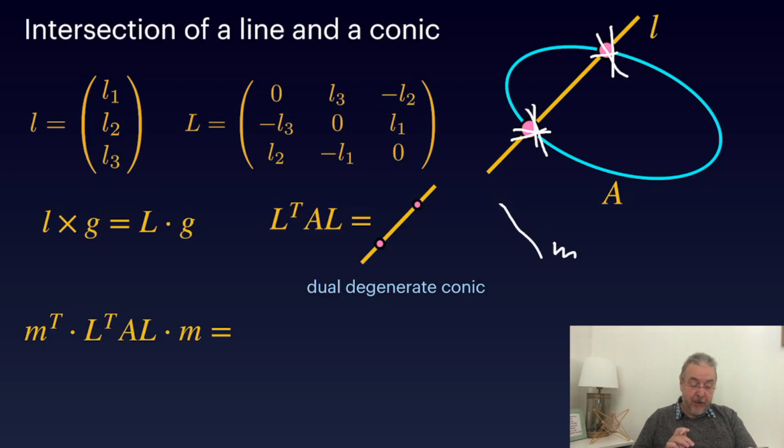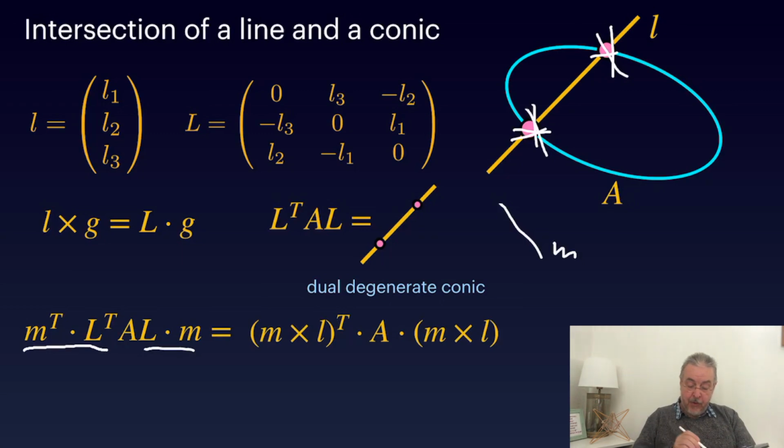So let's simply see what we got. So we have L times M here, and we have M transpose times L transpose here. So we can rewrite this as the cross products of M times L times A times M times L. And now these are points, and well, now we see that it really behaves like our conic, because how can this expression here become 0?